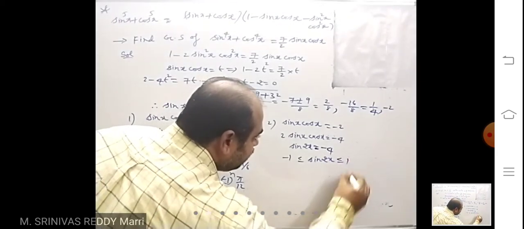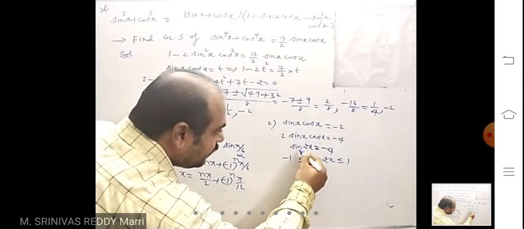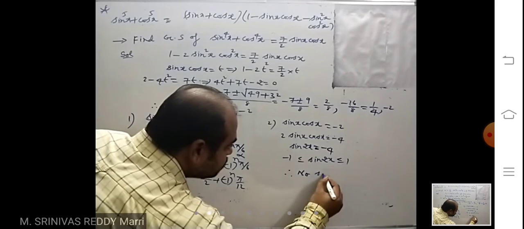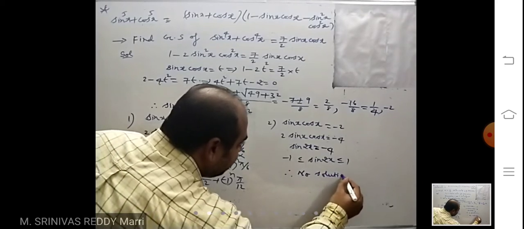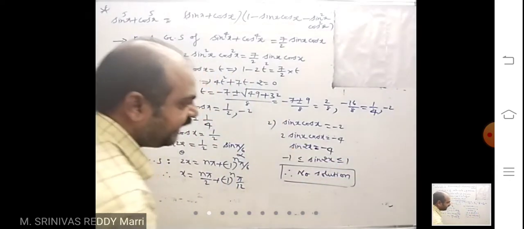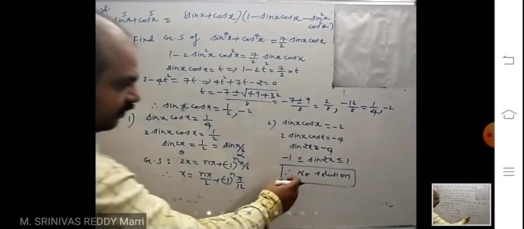Sin value always lies between minus 1 and 1. Therefore, as it is minus 4, you will never get sin 2x equal to minus 4. Therefore, no solution. A solution will be there only if it lies between minus 1 and 1.